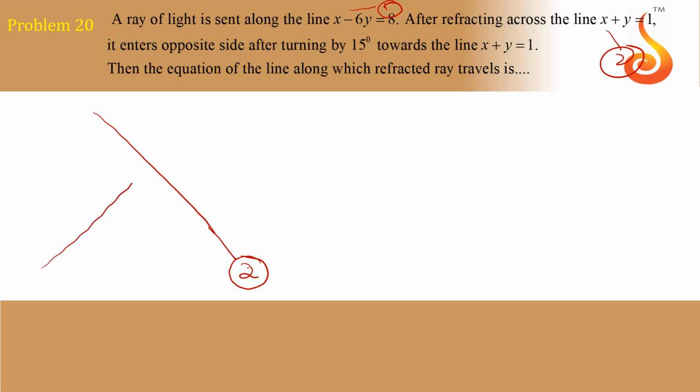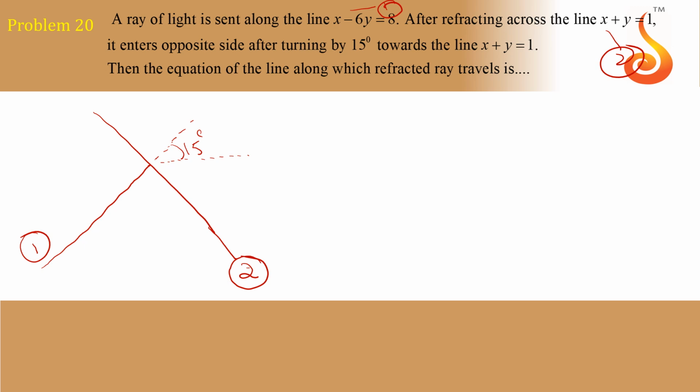A ray of light is going along the line x minus 6y equals to 8. Actually it should pass through like this. But what is happening? Because of line 2, it is refracted. So it is refracted by 15 degrees towards the line. Means this is actually, so 15 degrees it is refracting.